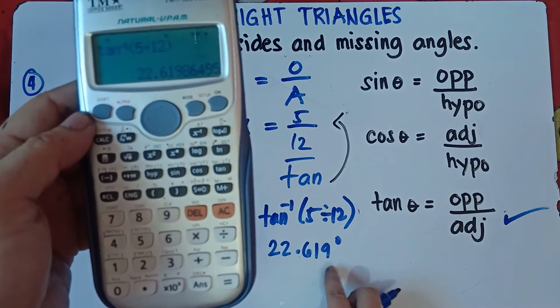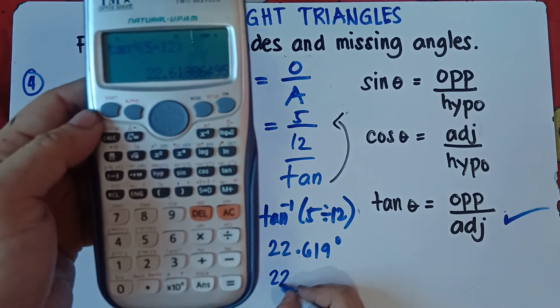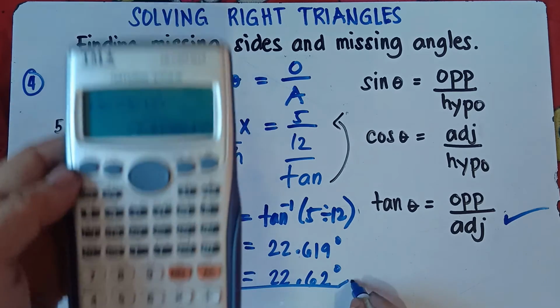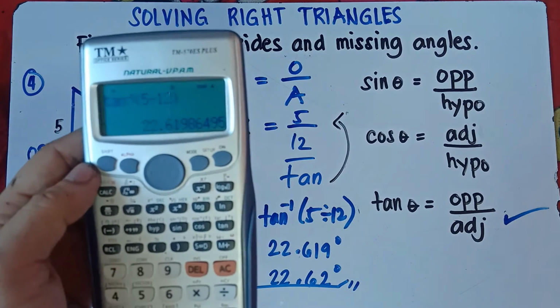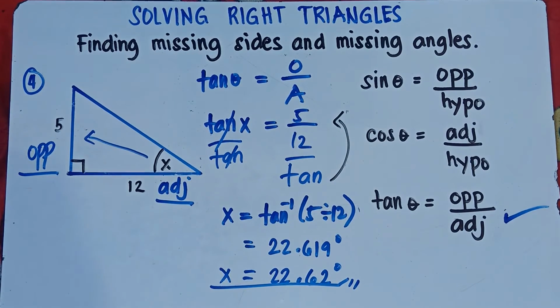Since this is 619, we can round it up. So our final answer will be 22.62 degrees. That's the answer for number 4.